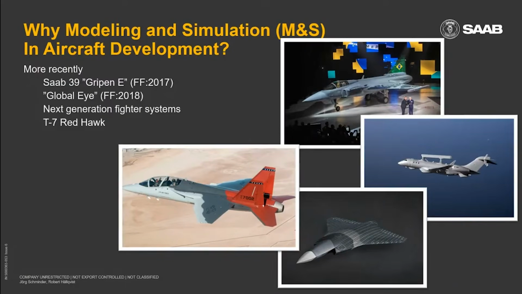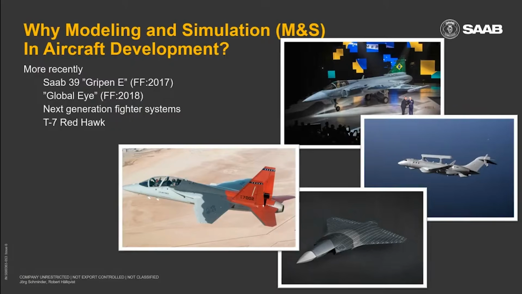We have the Saab Gripen aircraft at the top here. We have the Global Eye to the right. We have the T-7 Red Hawk aircraft with this red part of the aft fuselage, and then we have whatever is coming next. And here we are using modeling and simulation to a very large extent during development and also during operation. So what is different?